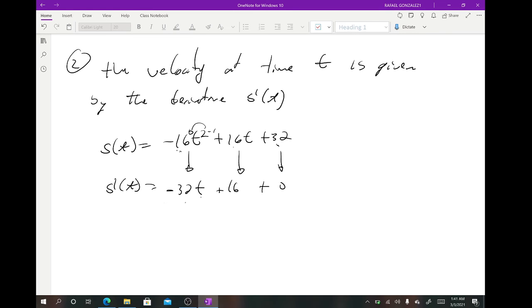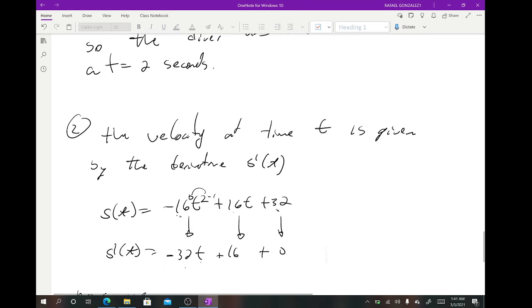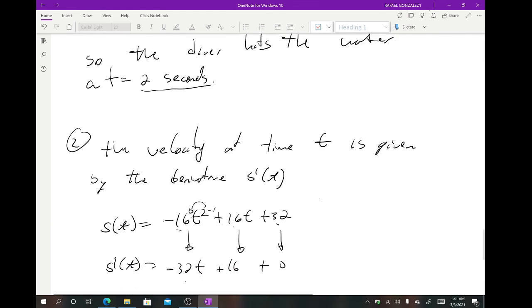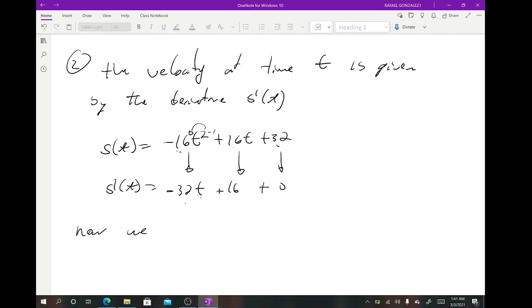Now we have to simply evaluate the derivative at 2, because that's the time at which we impacted the water, and we want to find the velocity at impact of the diver. So now we plug in t equals 2 into the derivative.